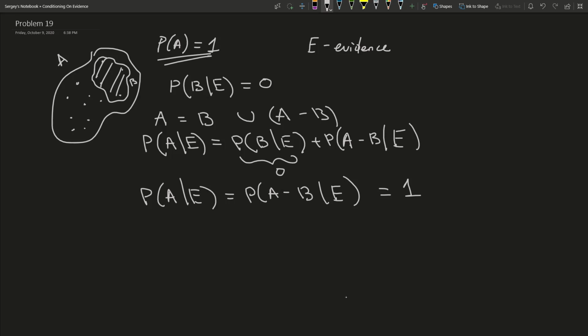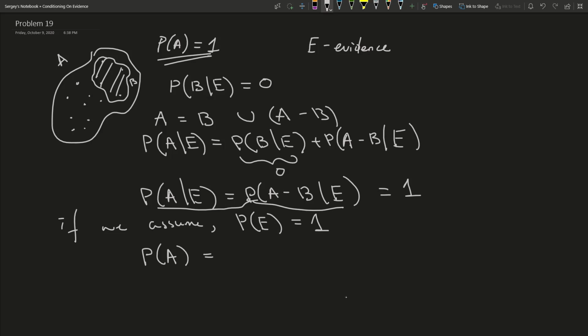So if we assume that the probability of the evidence is 1, in other words, the evidence is real, it definitely occurs, and Sherlock Holmes believes it, then this equation can be rewritten as probability of A equals probability of A minus B. And this in turn equals 1.